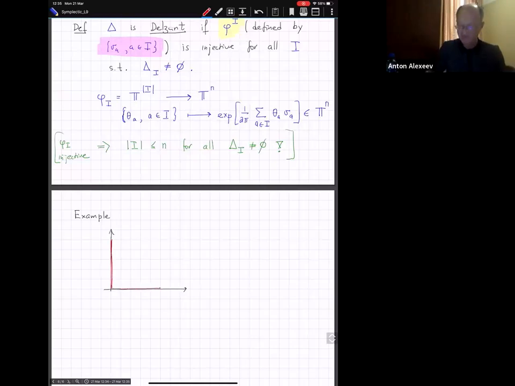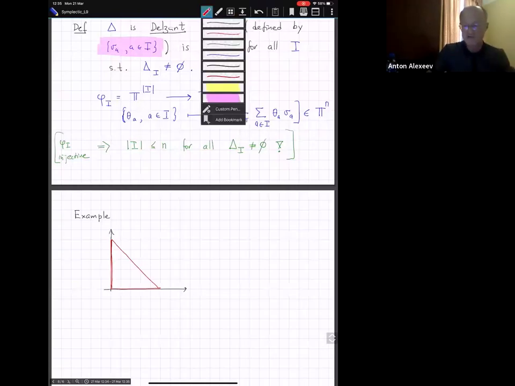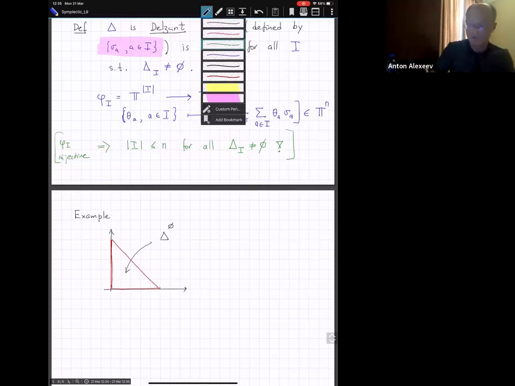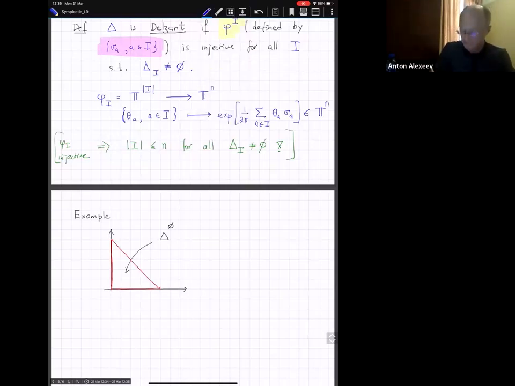So here is my triangle. In the interior there is nothing to check, because phi empty is just a map of the trivial group into T to the n, which is now T2.